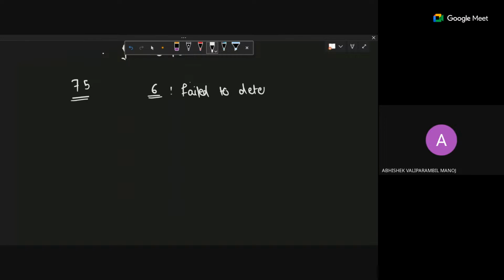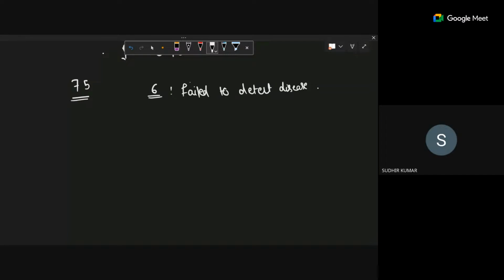That is 8%. How did you calculate it? 6 by 75. Okay. The probability of failing, can we just calculate it by 6 by 75?